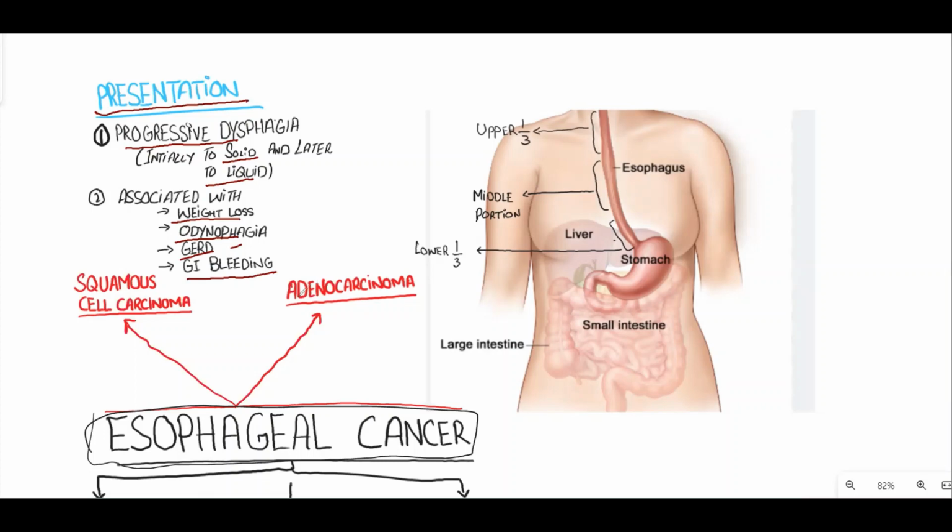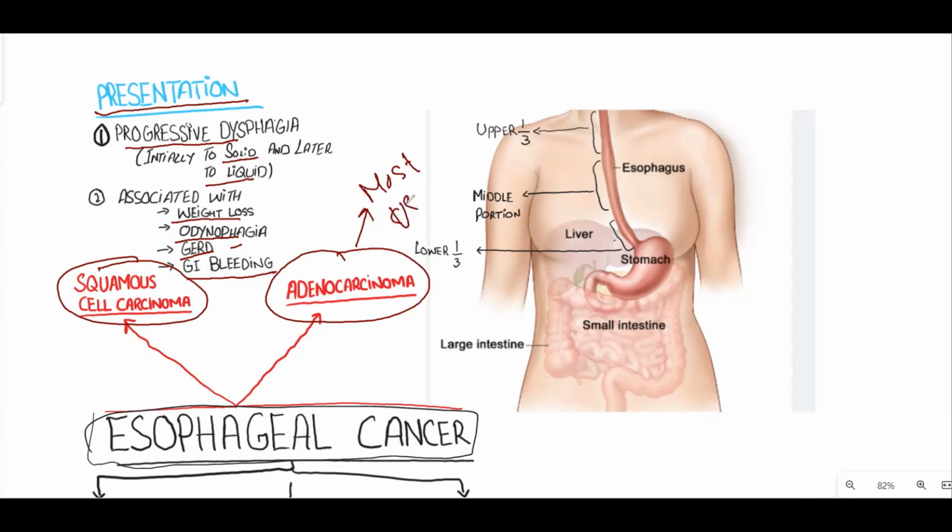Esophageal carcinoma is mainly divided into two types, adenocarcinoma and squamous cell carcinoma. Adenocarcinoma is most common in the USA, while squamous cell carcinoma is most common worldwide.